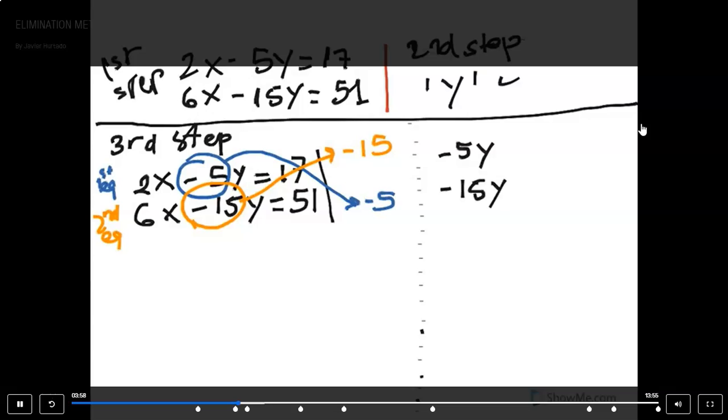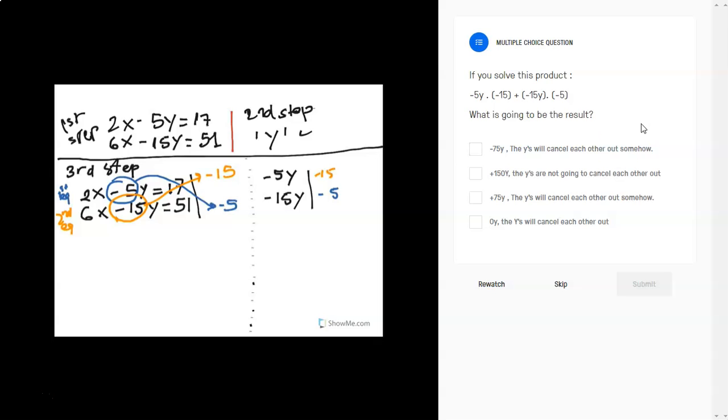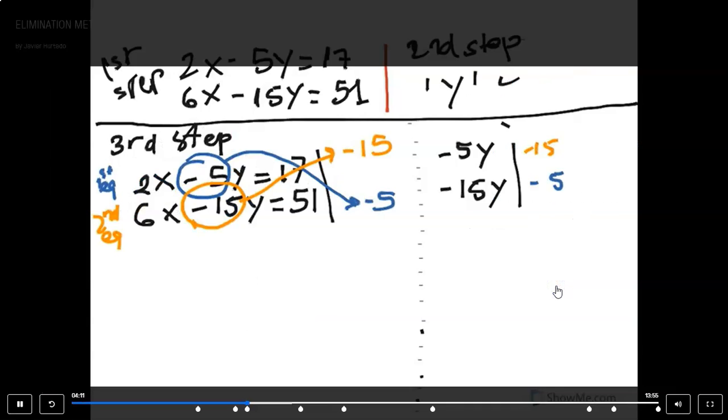And then we are going to multiply the second equation by negative 5, and the first one by negative 15, right?